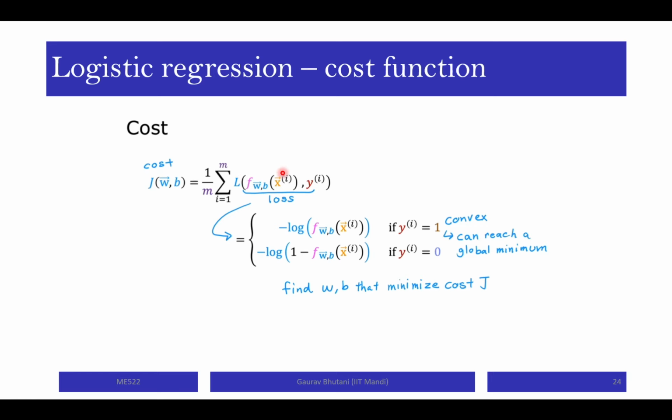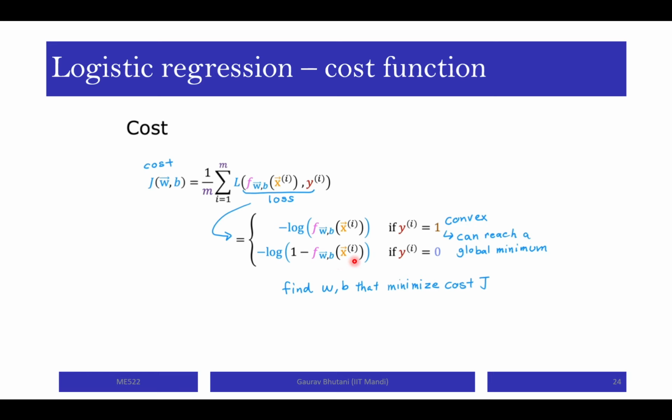So you calculate losses in a different way in logistic regression. For a situation where the value of y is 1, let us say cancerous is 1, the loss is calculated as minus log of f of x. f of x is what you calculated from your model. And if y is 0, that is non-cancerous, then it's minus log of 1 minus f of x.